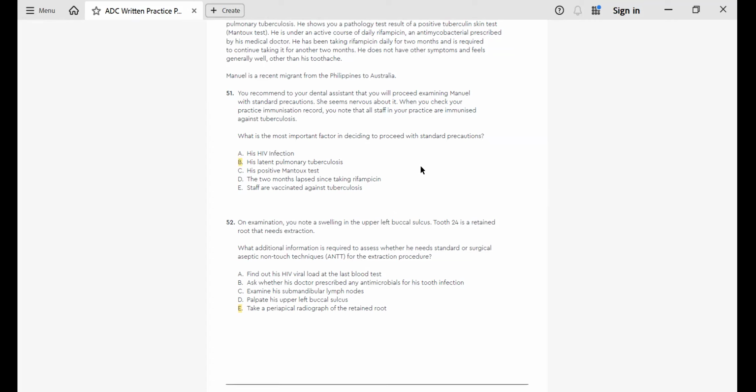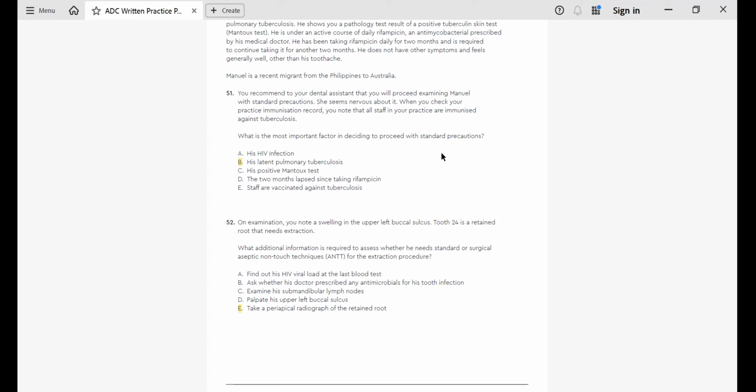Question 51. Yes, that is again, you are answering your question in the answer itself. You are asking me why not A? For HIV also we use standard precaution. Yes. So for us, it doesn't really make a difference whether the patient is HIV positive or HIV negative because in both instances, standard precautions are used.